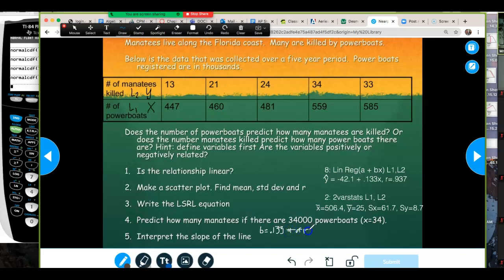Number of manatees killed, that's y, divided by x, and x is 1. So it's per 1 unit. But in this case, these numbers are in thousands. 447 means 447,000. So I'm going to write it in thousands of powerboats.